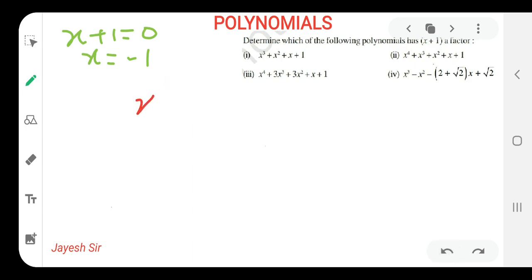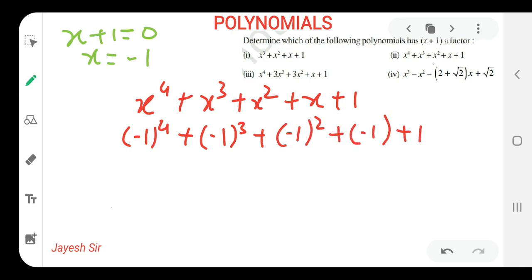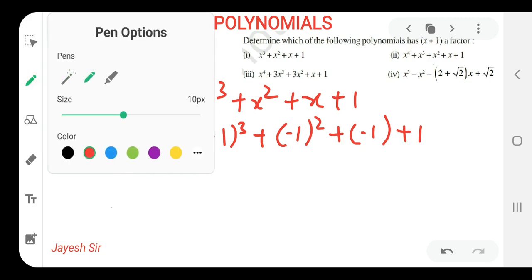What is there? X raised to 4 plus x cube plus x square plus x plus 1. Now we have to put the value of x as minus 1. That means minus 1 raised to 4 plus minus 1 raised to 3 plus minus 1 raised to 2 plus minus 1 plus 1. Now we all know how to solve.